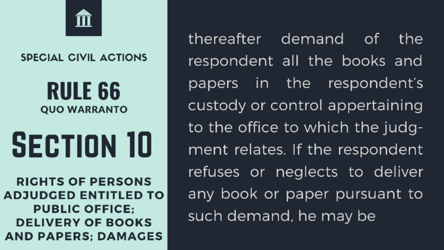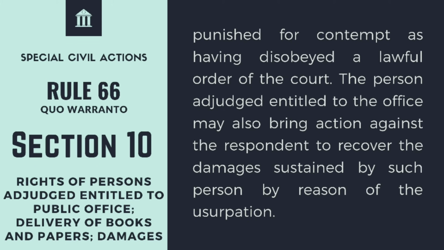If the respondent refuses or neglects to deliver any book or paper pursuant to such demand, he may be punished for contempt, as having disobeyed a lawful order of the court. The person adjudged entitled to the office may also bring action against the respondent to recover the damages sustained by such person by reason of the usurpation.